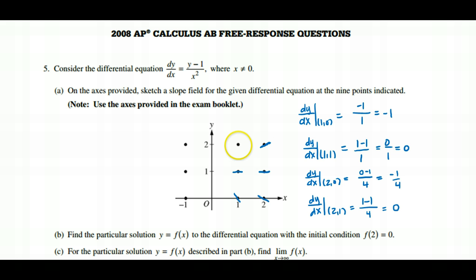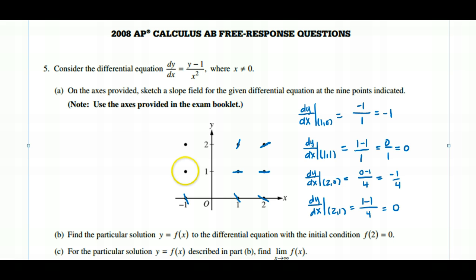Here at (1, 2), if I plug in an x value of 1, it's going to be a 1 on the bottom, and a y value of 2 on the top, 2 minus 1 is 1, so 1 over 1 is slope 1. And then over here at (-1, 0), if I plug in negative 1 for x, the bottom is 1, and then 0 for y, the top is negative 1, so I have a slope negative 1.